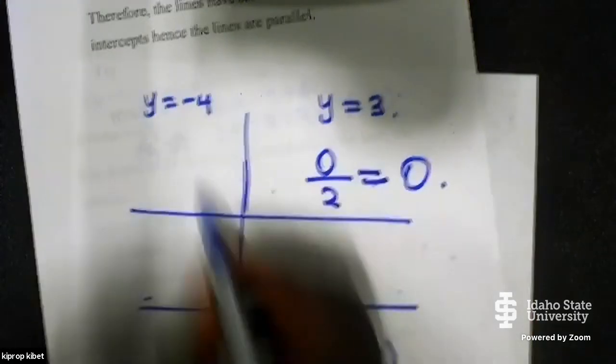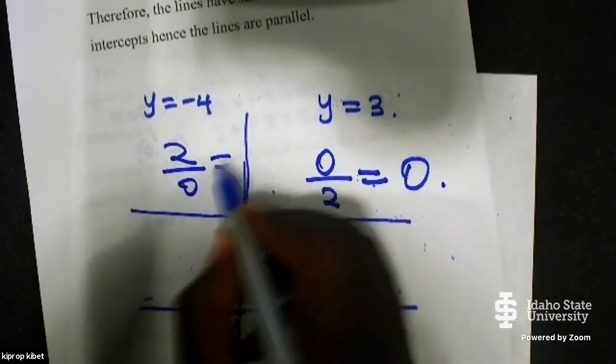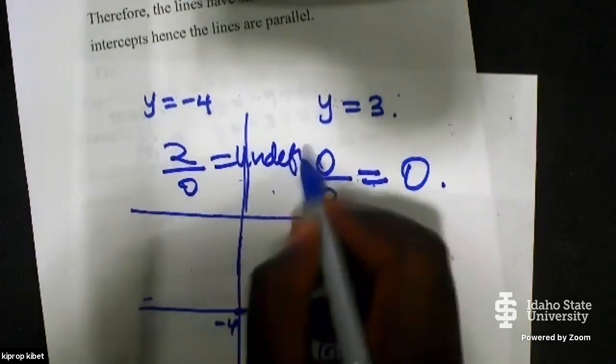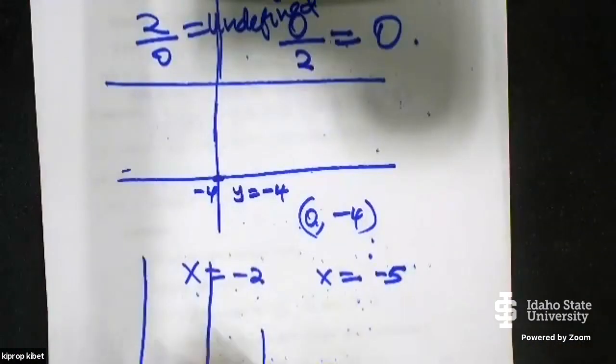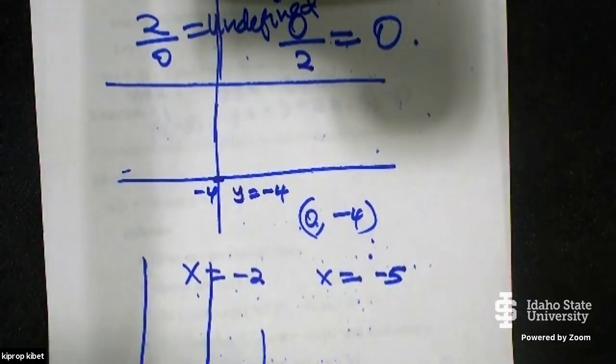But if it is 2 all over 0, then this is undefined. So definitely, if you have x equals -2 and x equals -5, both of their gradients are undefined, sorry. And those are lines which are parallel to one another because one is at -2 and another one is at -5.